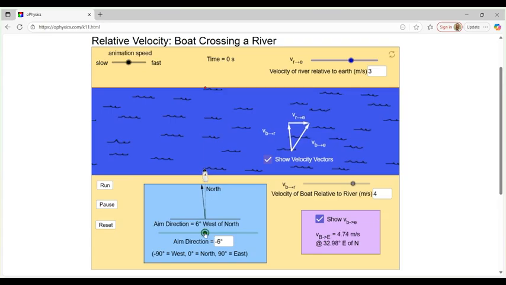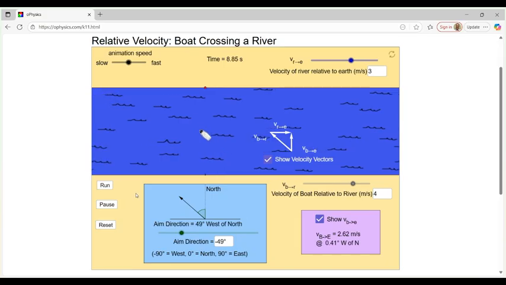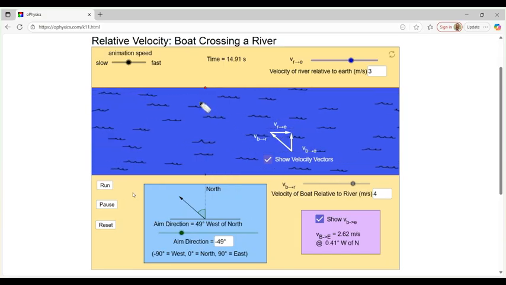Let's say I want to get right across the river. I can turn this enough such that my resultant velocity of my boat relative to the earth is straight across the river. Basically, the x component of my boat's heading is canceling out the river current. And there we go. I'm going to actually go into the current, and that'll allow me to move straight across the river.